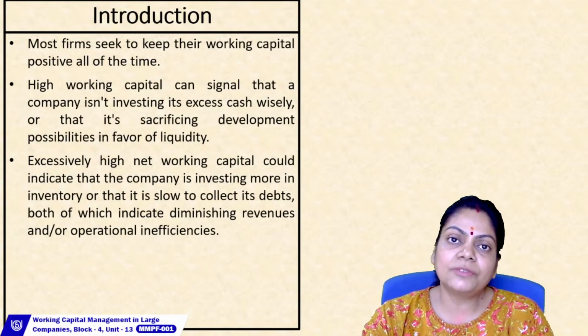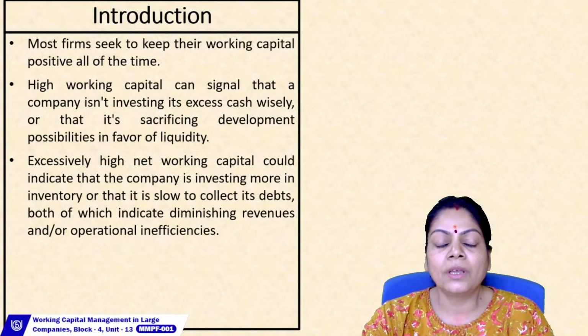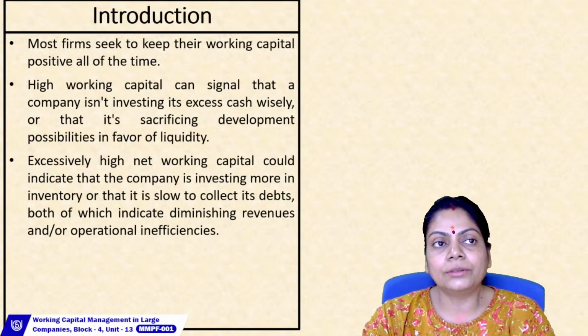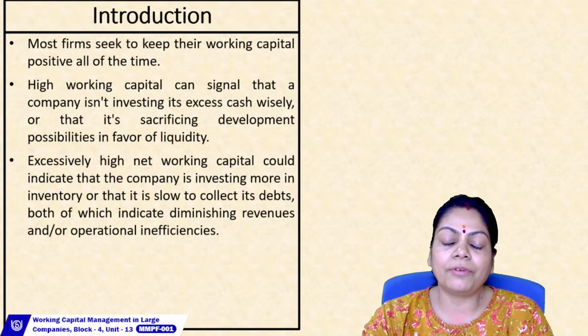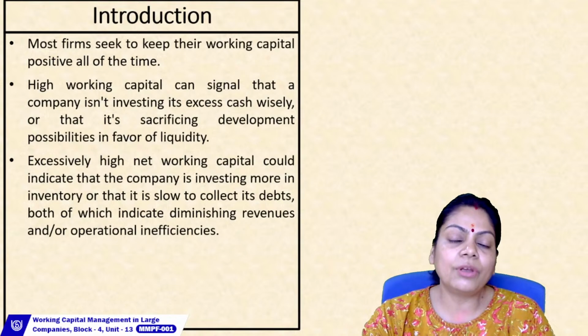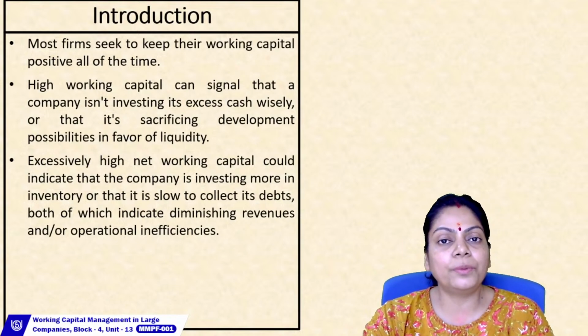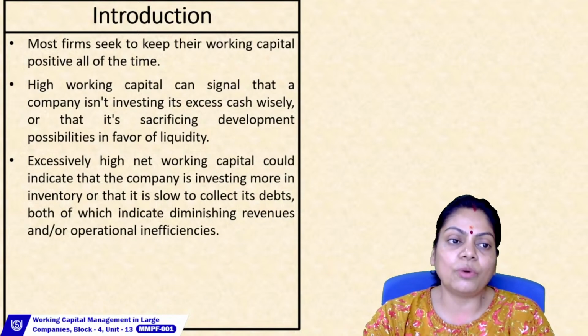In some industries it is as high as 4:1, whereas in some it is 1:1. Suppose the norm is 2:1. If you have 100 rupees in current liability, you will have 200 rupees in current assets.